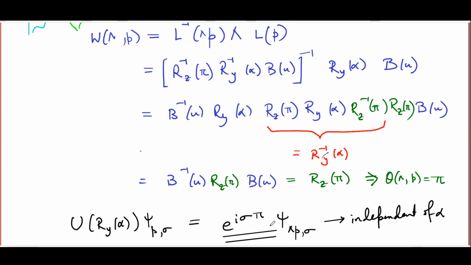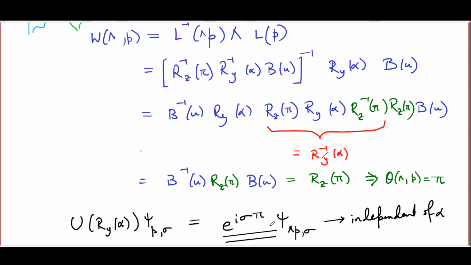So it seems to imply that no matter how much you rotate about the axis y, you will get the same phase factor. While that in itself may not seem to be that much of a bad thing, just think of what happens in the limit when alpha goes to 0. This seems to imply that even when you don't rotate at all, you are going to get an overall phase factor of e to the I sigma pi, which of course is patently absurd.